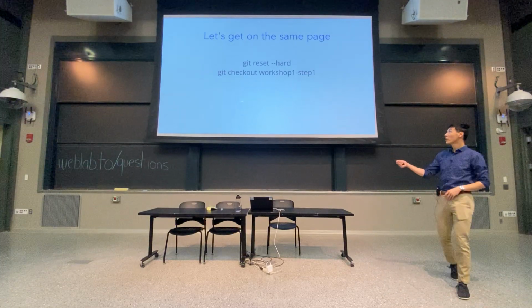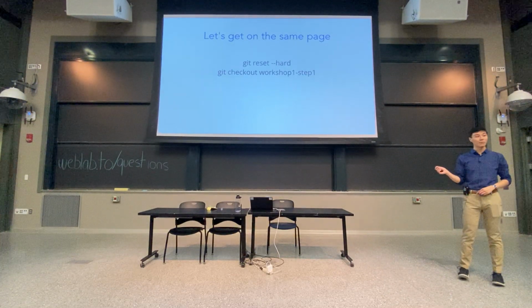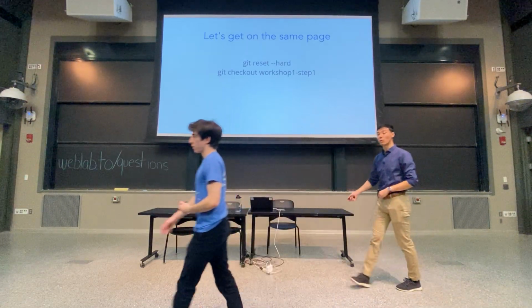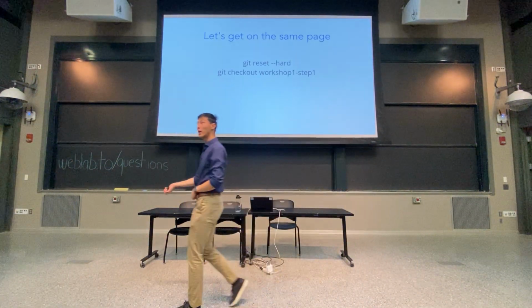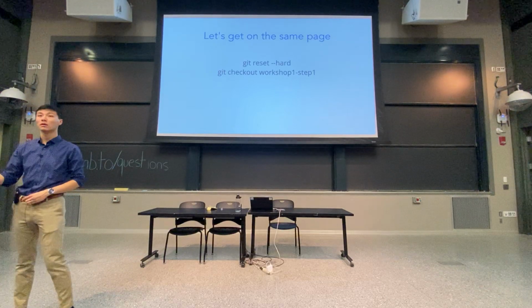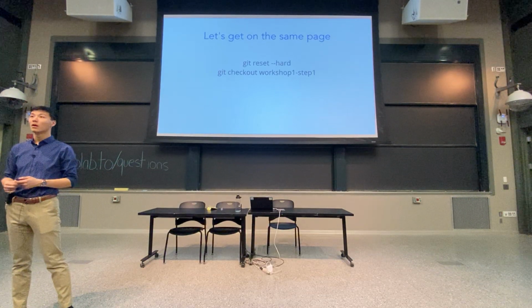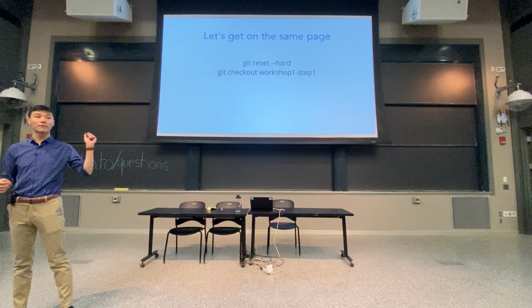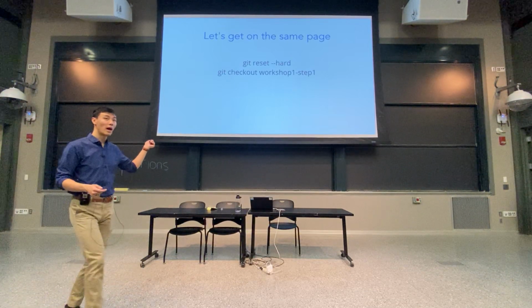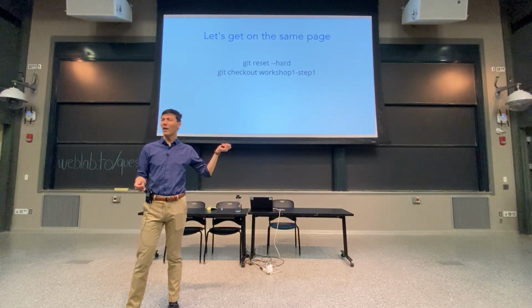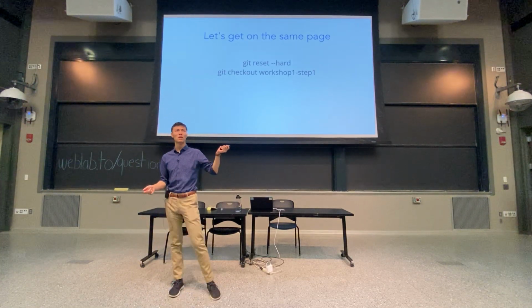But for now, you can just do git checkout workshop-step-1, and that will bring you up to date where we are now. Okay? I'll take the time to pause and see if you've caught up. Does anyone have questions?